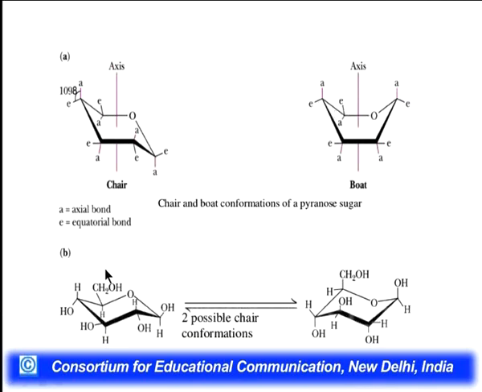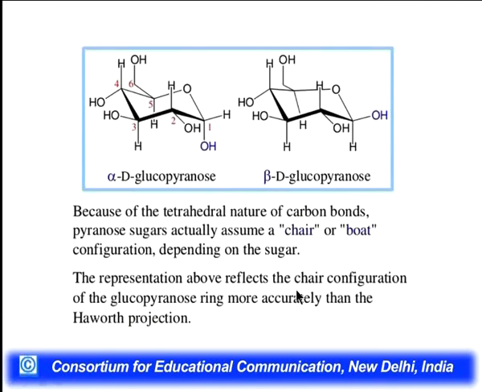So here I have shown one chair form, and then I have flipped the molecule, and this is the other conformation for the mannose form. Now, as I have already said, because this carbon is sp3 hybridized, the structure would be tetrahedral, and therefore it can exist in the chair or the boat form.